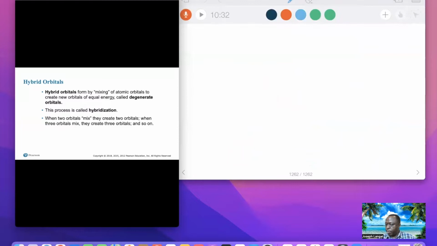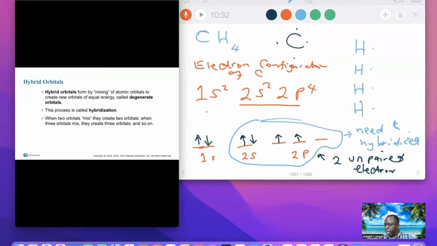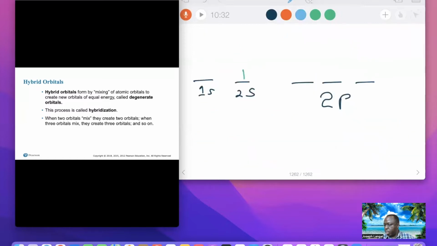So if this is carbon, 1s, 2s, and 2p here, we promote 1 electron from the 2s. We still have 6 electrons: 1, 2, 3, 4, 5, 6.